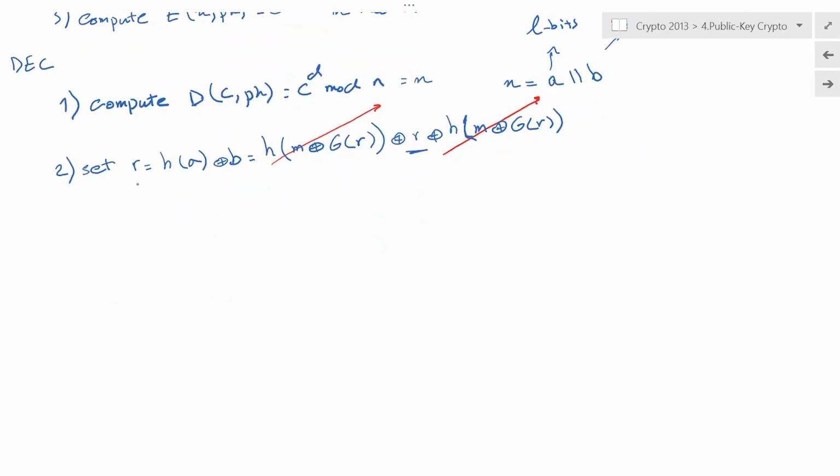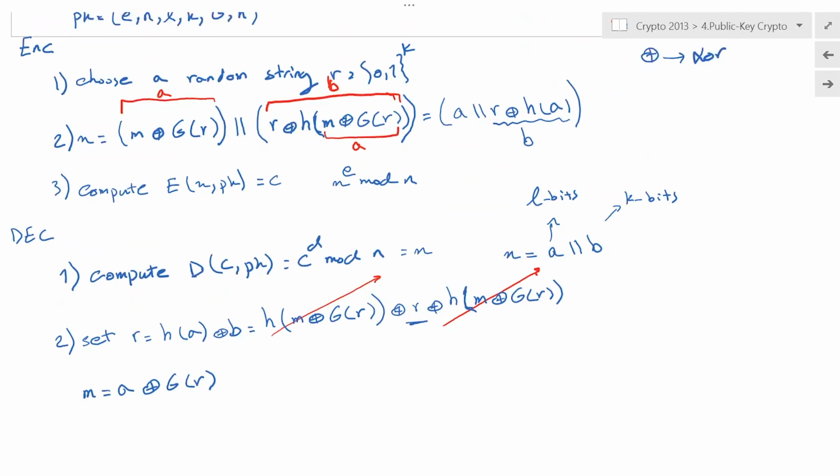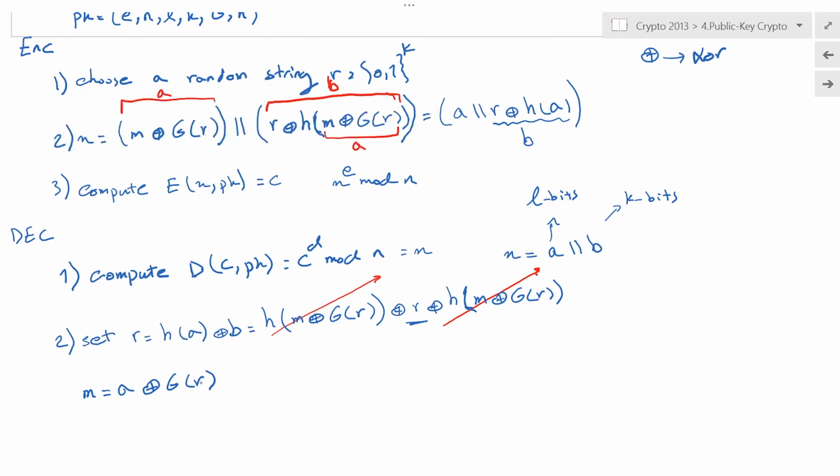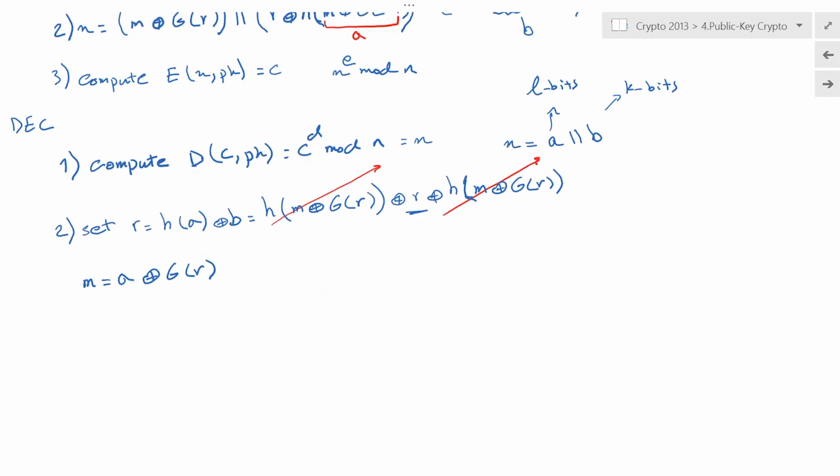So now we have recovered R from there. Now that we have recovered R, I'm going to say that m equals a XOR with G of R. So what was the m? a was m XOR G of R. If I XOR a with another G of R, again it would get canceled and I recover m, right?